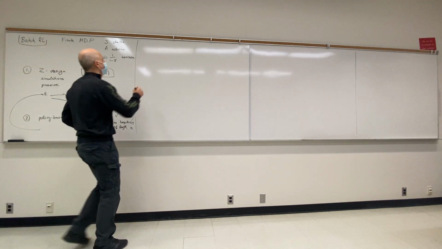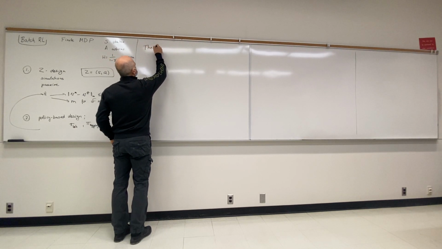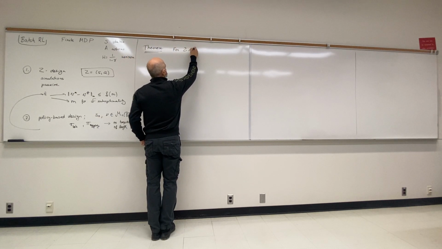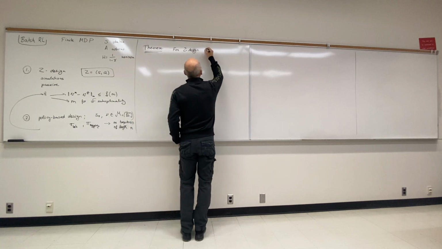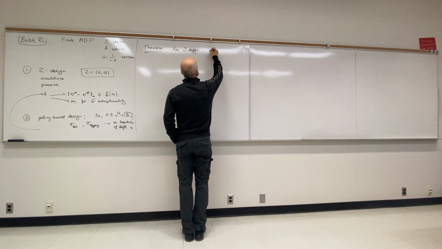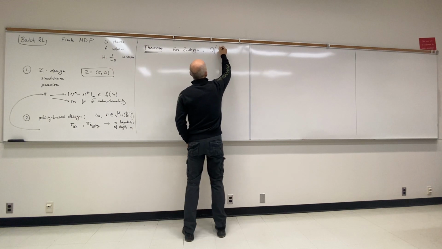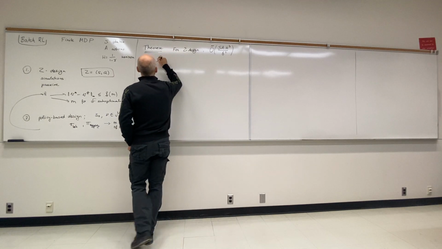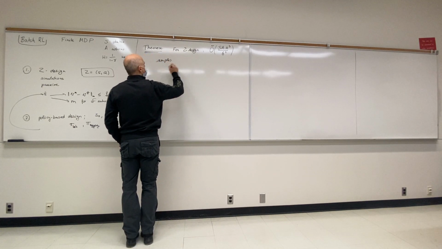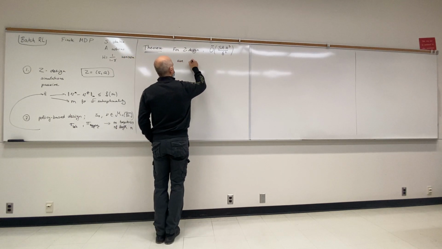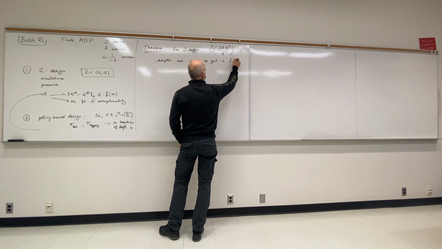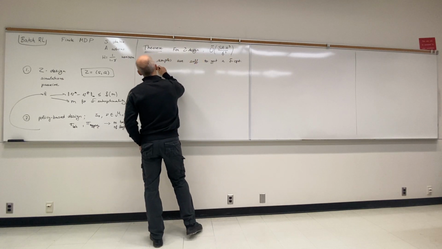And for this, we have this theorem. For Z design, SA times H cubed over delta squared samples are sufficient to get a delta optimal policy.